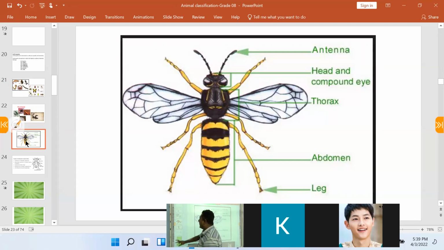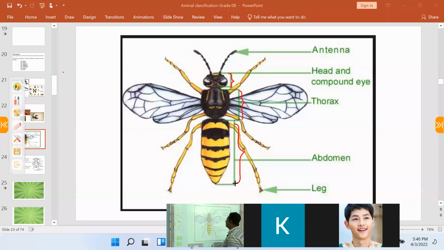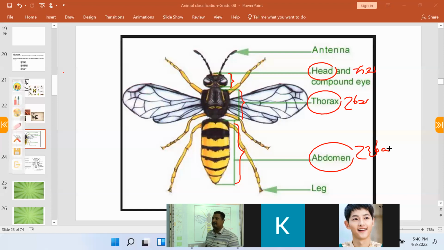In insects or in arthropods, the body can be divided into segments. මෙයාගේ ශරීරයේ කොටස් වලට බෙදන්න පුළුවන්. An insect has three body parts: the head, thorax, abdomen. In Sinhala, hisa, urasa, udaraya.